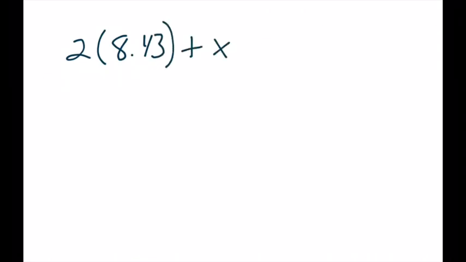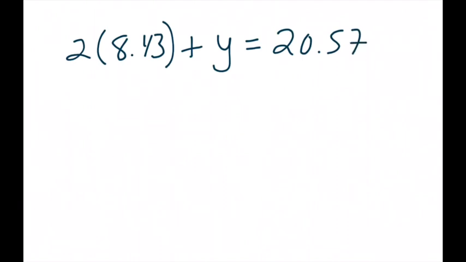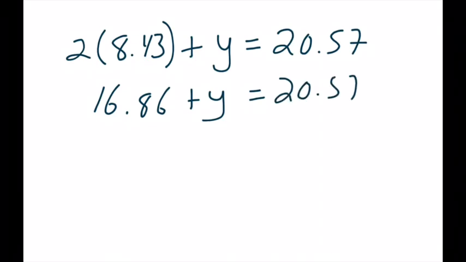So I'm going to go ahead and just plug that back into the top one. So I have 2 times 8.43 plus y equals 20.57. 2 times 8.43 is 16.86, plus y equals 20.57.